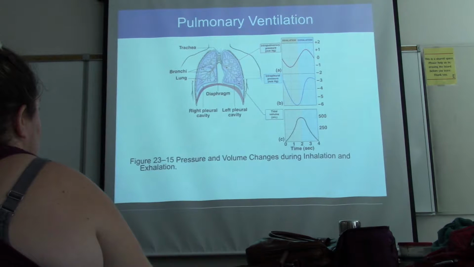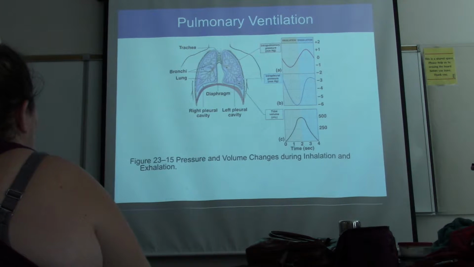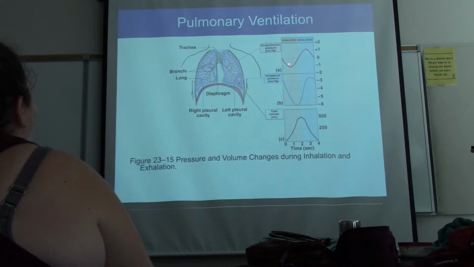Okay, so let's look at some of these pressure changes as we go through this respiratory cycle. So here's a lung sitting there at nice normal rest. Notice that the diaphragm is in its normal shape when you're not breathing in. Lungs, alveoli, a whole bit up there. Notice this is the intrapulmonary pressure that you're recording on this chart.